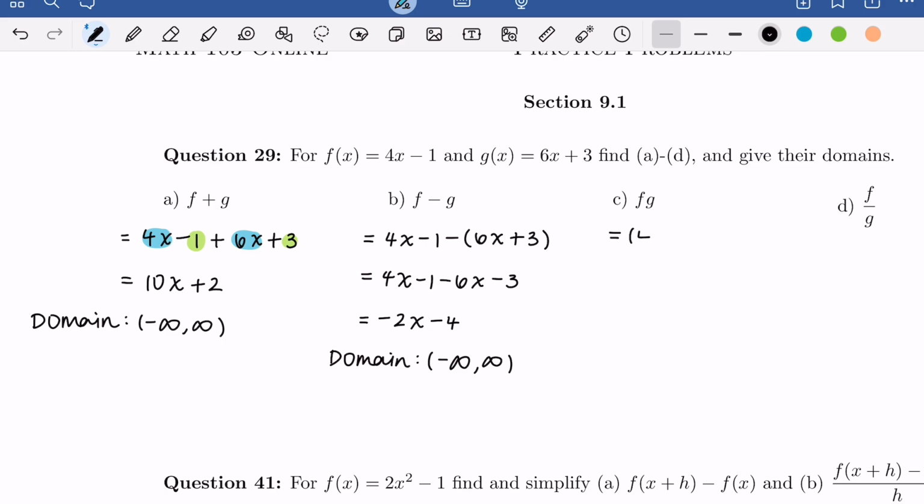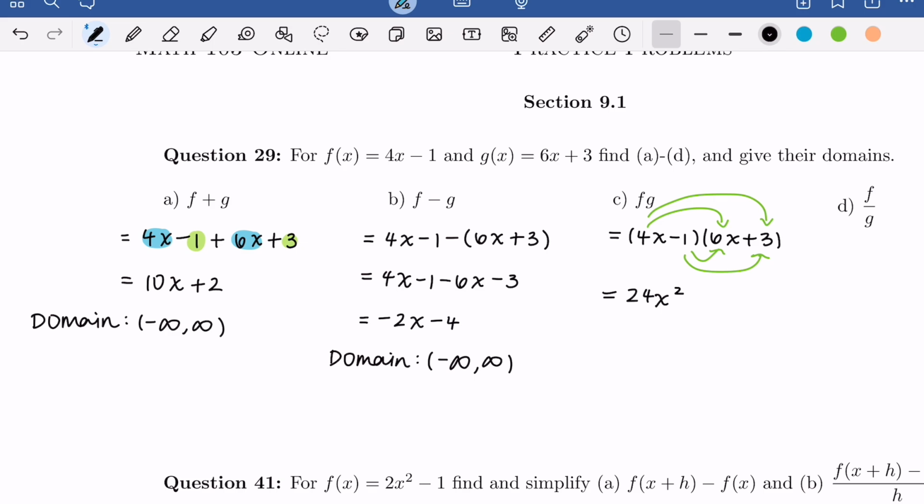So we're going to have 4x minus 1 times 6x plus 3. From here, we're just going to use our FOIL property. So we're going to multiply this 4x to our 6x and to this 3, and this minus 1 is going to multiply both of these terms here. So we're going to have 4x times 6x, which is going to give us 24x squared.